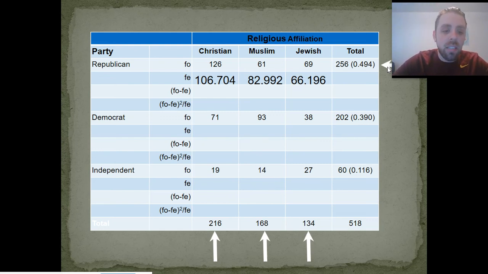In order to get the expected frequency for the independent cells, I have to take 0.116, multiply that by 216, 168, and 134, and that will give me the expected frequency for independent Christians, Muslims, and Jews, respectively. So I'll pause here for a second. Please pause the video. Try your hand at finishing out that part of the table.